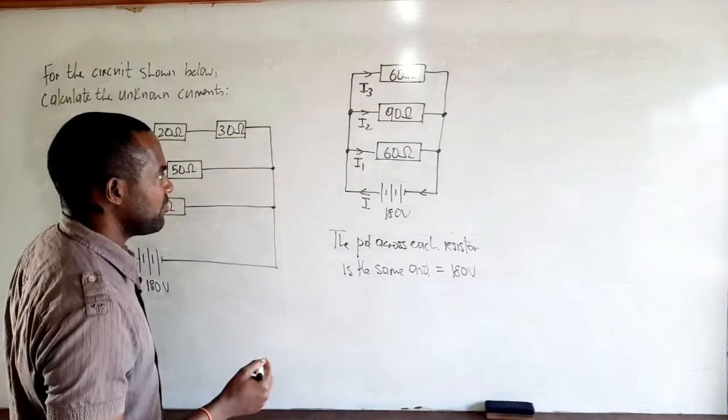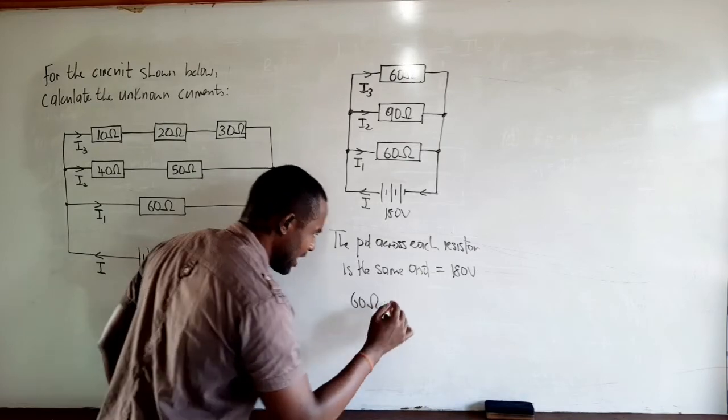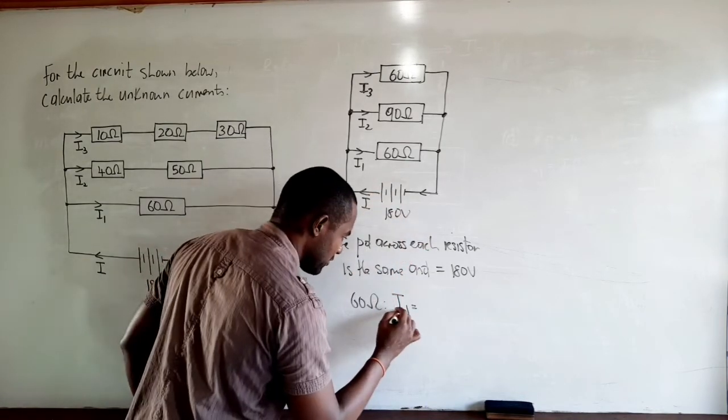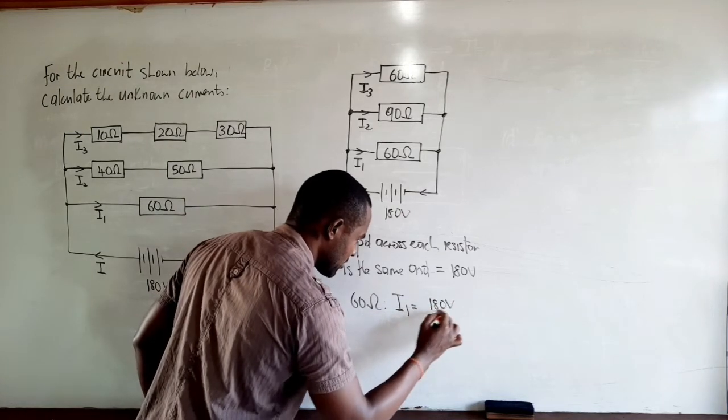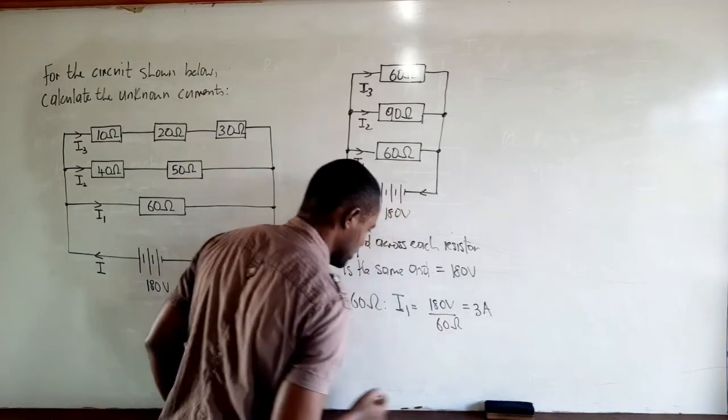Good? So therefore, for the 60 ohm resistor, we have I1 is equal to V over R. So that gives us 180 volts divided by 60 ohms, which gives us 3 amperes.